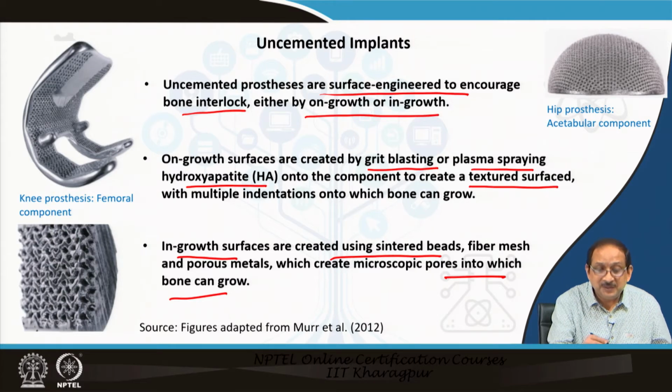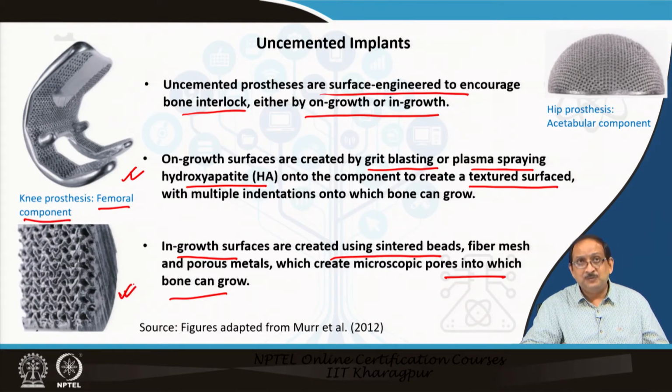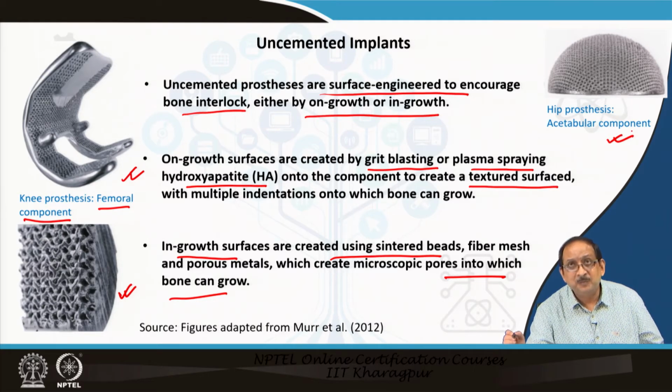In the figure presented here, you can see a femoral component of a knee prosthesis, and also an enlarged view of the porous coating on this knee femoral component. And on the right, you can see a hip prosthesis; the porous coated acetabular component of the hip prosthesis is presented in this slide as well.